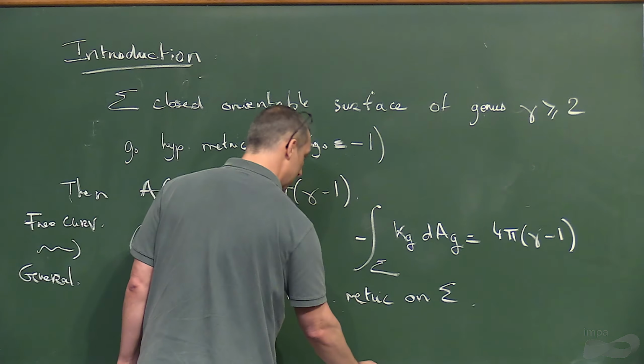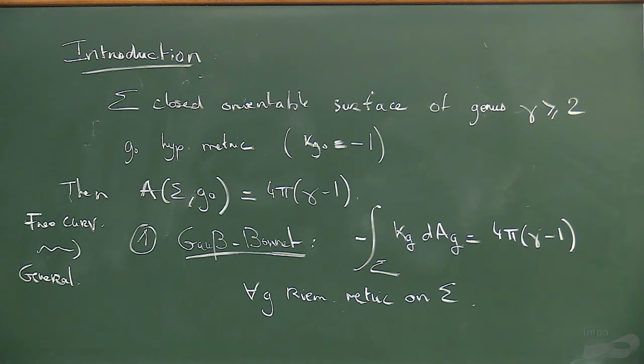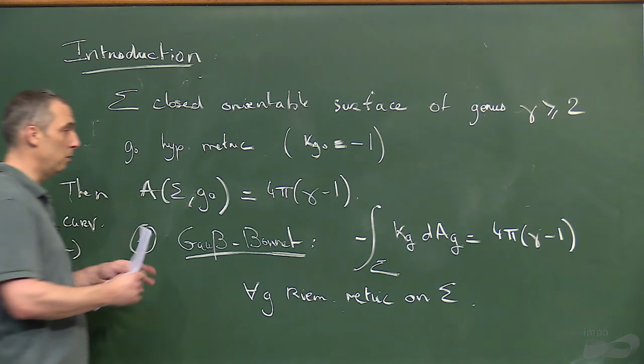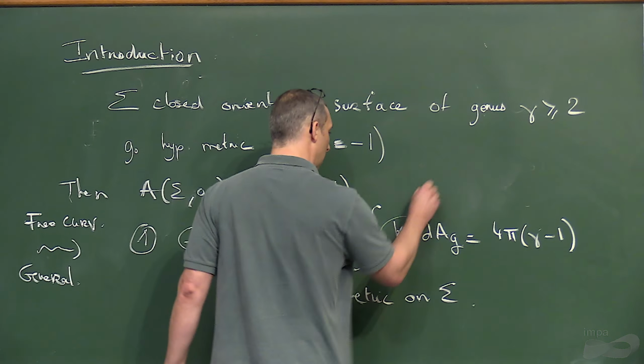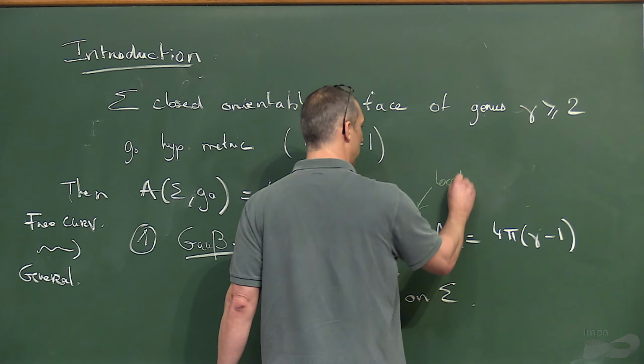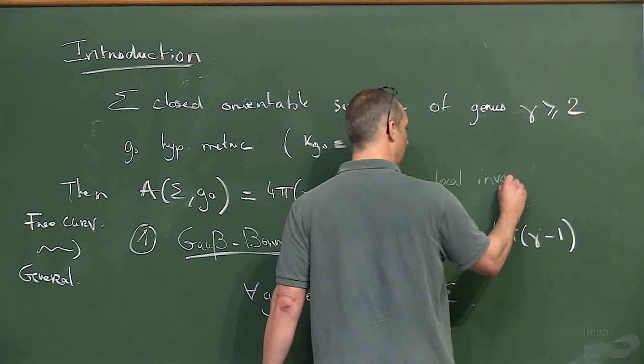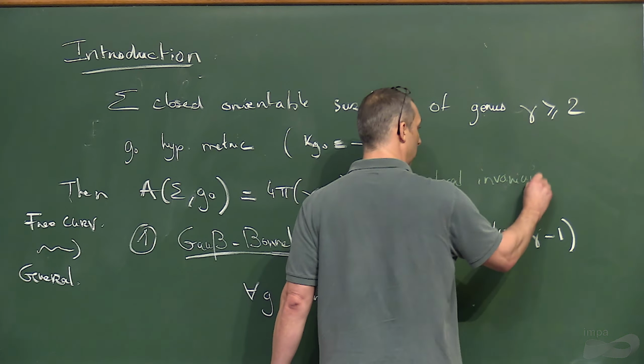So here we get a free curvature generalization of this hyperbolic identity using a local or infinitesimal metric invariant. This generalization is well known.